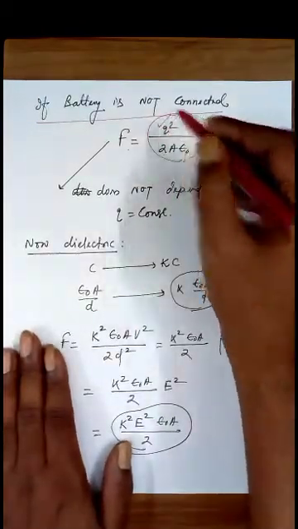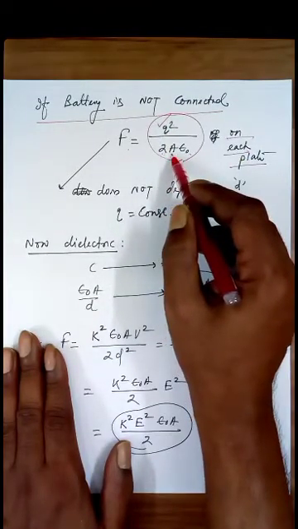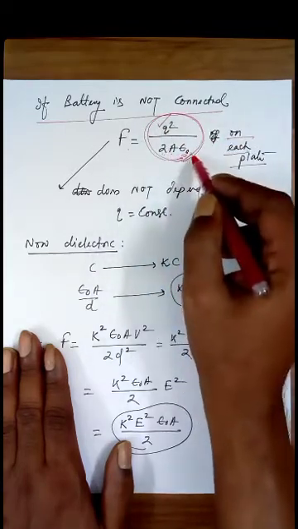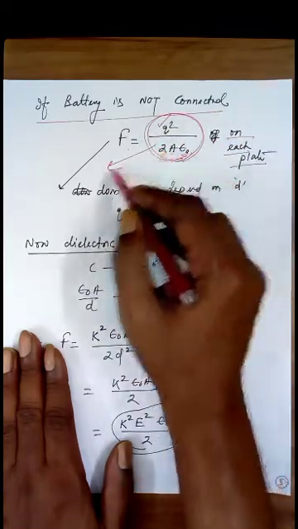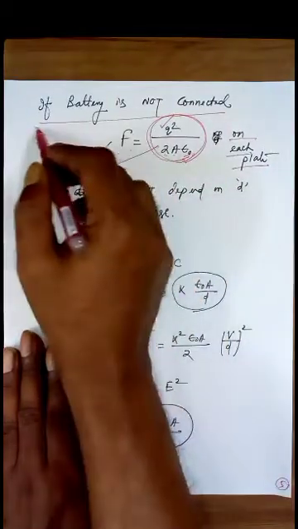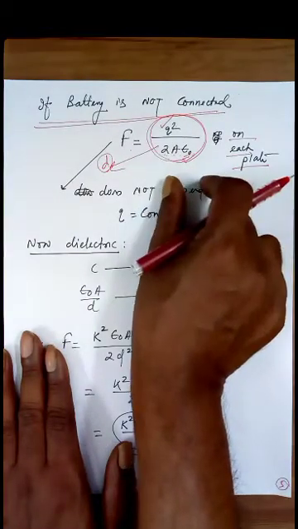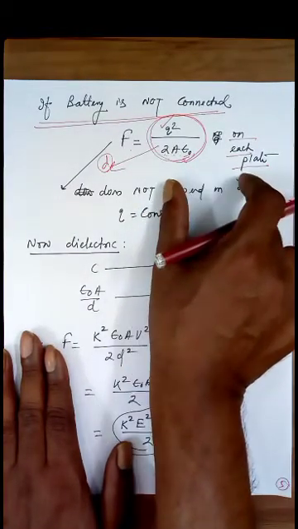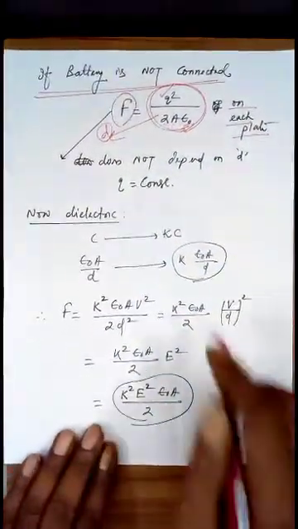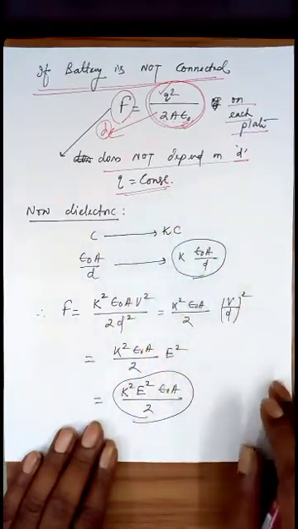Q is constant, Q square is constant, 2 is constant, A, the area of each plate, is constant, and epsilon naught is constant. So there is no D in the expression, that is, the distance between the plates. So in this case, when the battery is not connected, whether you bring the plates nearer or take the plates away from each other, the force does not change, it remains constant. It does not depend on D, since Q is constant.